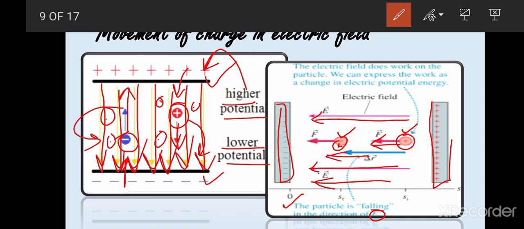So it is moving in the direction of the electric field, and the electric field is doing work on the particle, which can be expressed as its electric potential energy, because it is now moving from one point to the other. It will have different energy within the field.